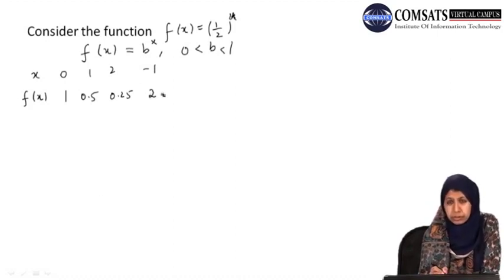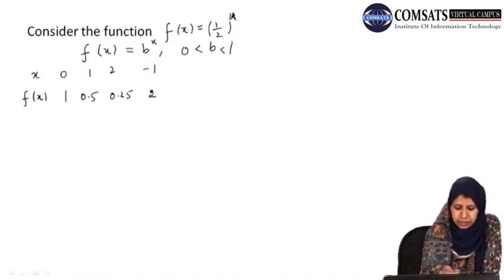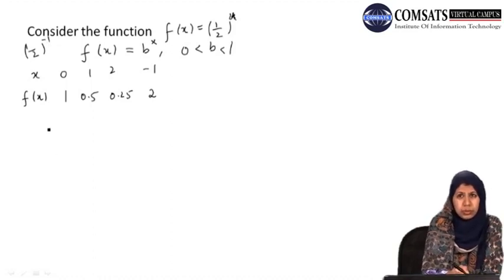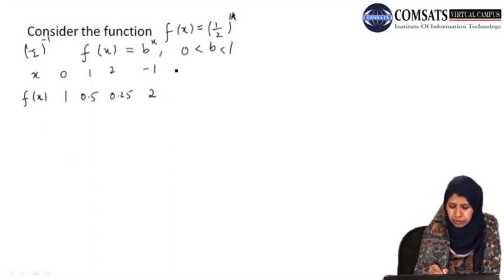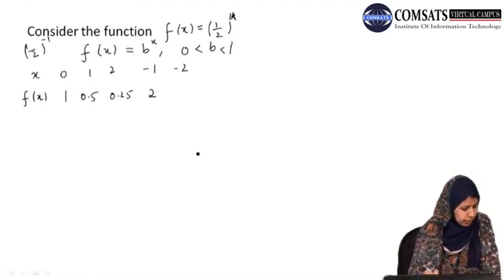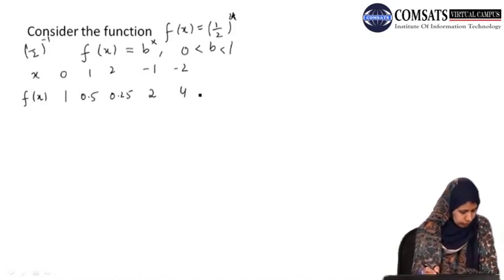You have to use the property of exponents to see that when x is minus 1, this is nothing but 1 over 1 by 2, which is equal to 2. When x is minus 2, we obtain the value 4.